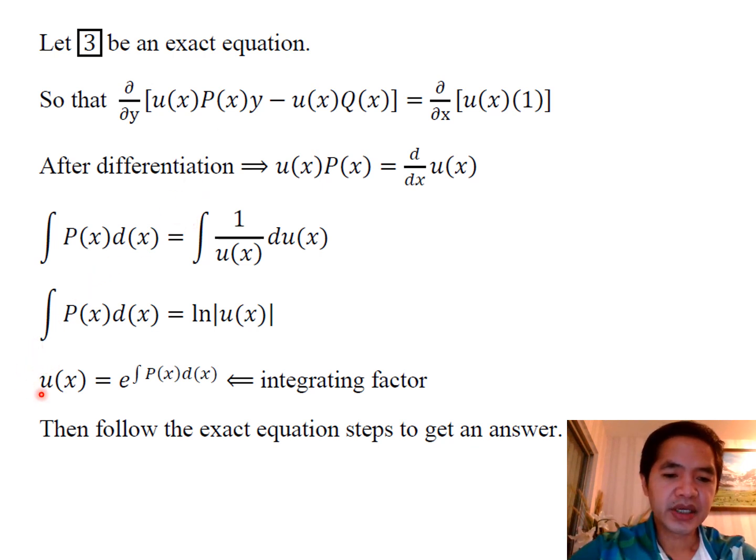We can find the integrating factor by using this formula, which is mu(x) equal to e to the integral of p(x) dx. So after you rewrite and rearrange into the form in the previous slide, take p(x) and plug it into this formula, and we get the integrating factor.